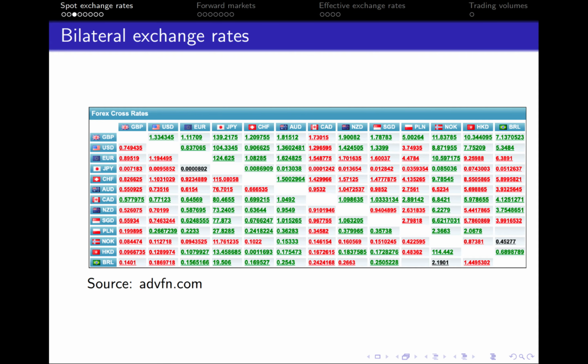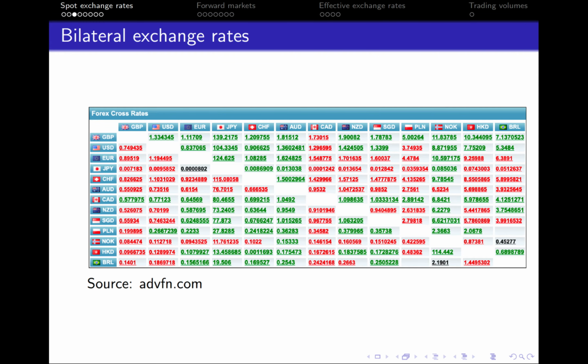So with just the knowledge of bilateral exchange rates, can we actually learn anything meaningful about the behavior of a currency, whether this currency is actually getting more or less valuable?